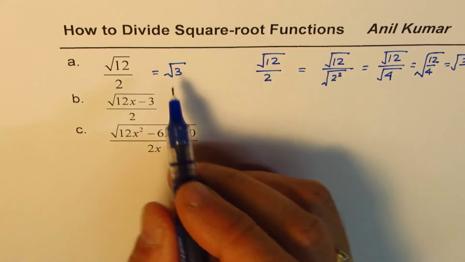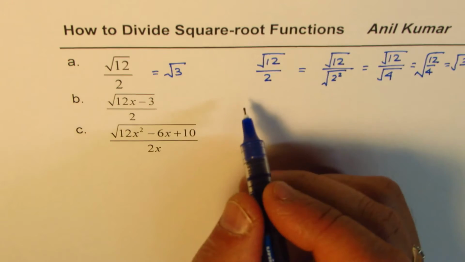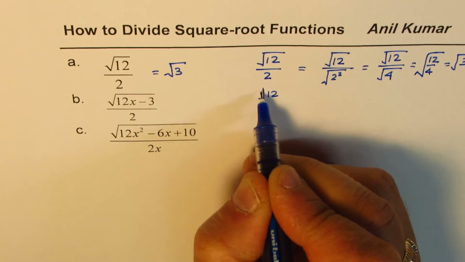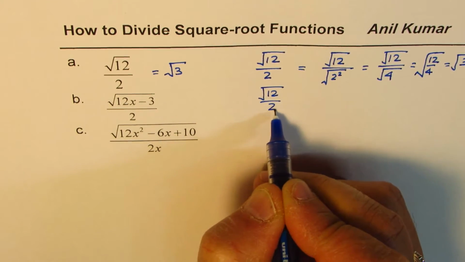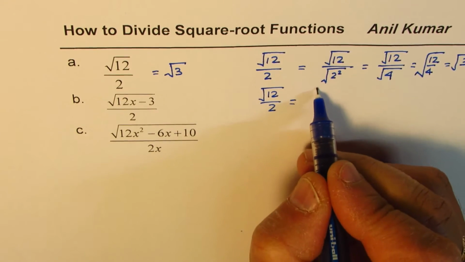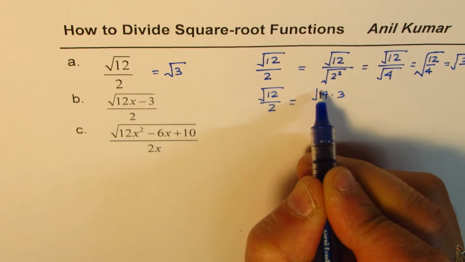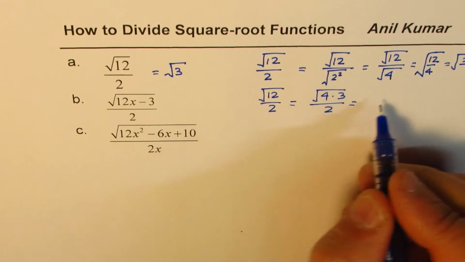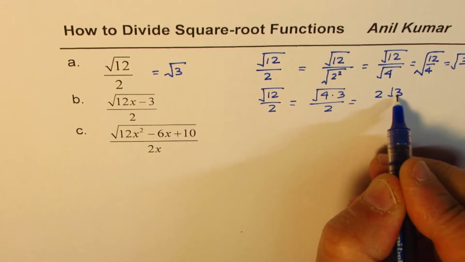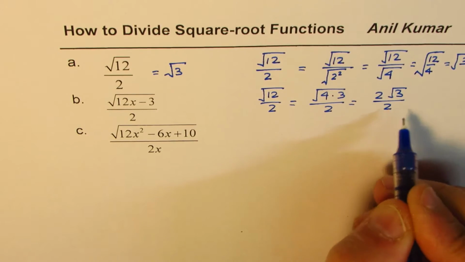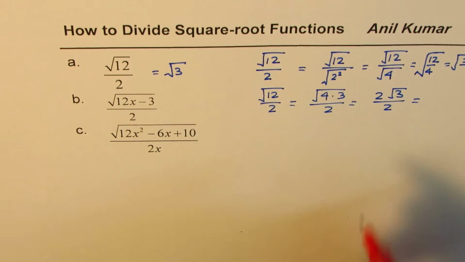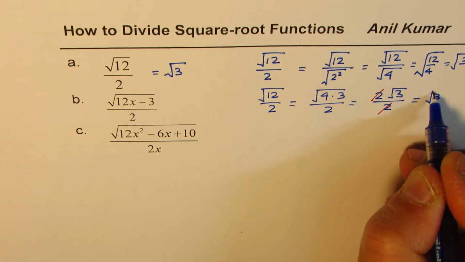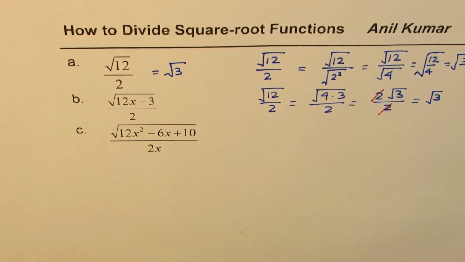Square root of 12, we wanted to divide by 2. I could have written 12 as square root of 4 times 3 divided by 2. And the square root of 4 is 2. So I could write 2 square root 3 divided by 2. And now in this case, 2 and 2 cancel off and we get square root of 3. So we know this answer is perfectly fine.